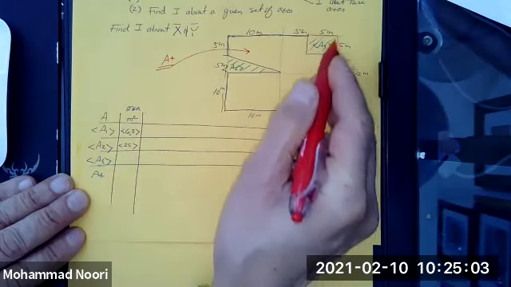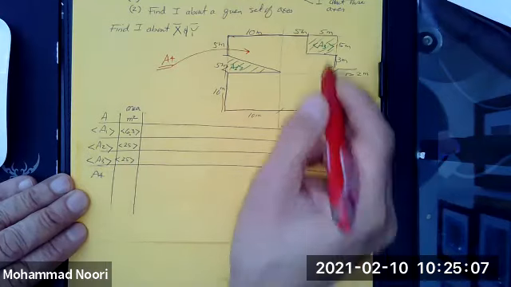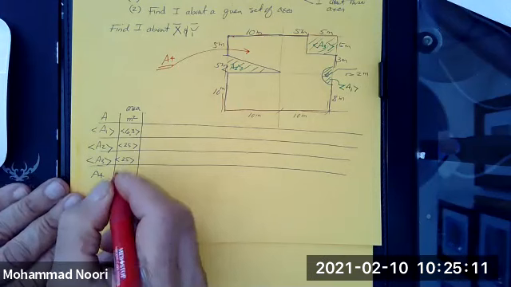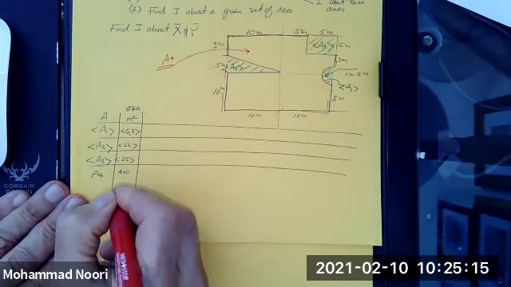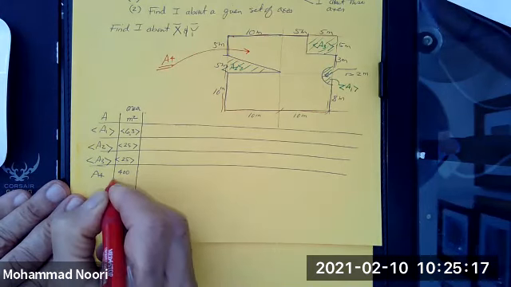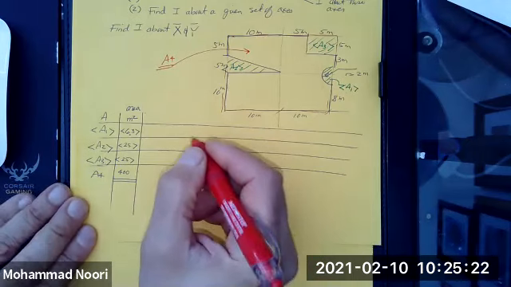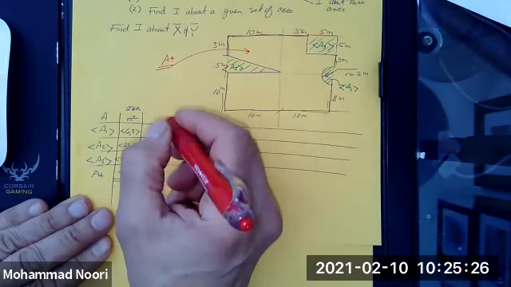Area 3 is a square, 5 by 5, also 25. Area 4 is a square, 20 by 20, that would be 400. Okay, so remember, this is basically the same table, the first part of it, that you did for setting up the centroid.